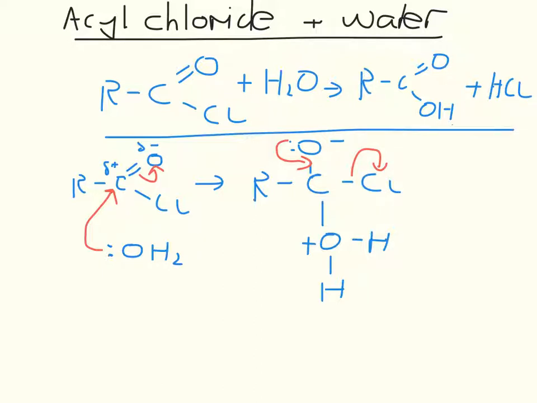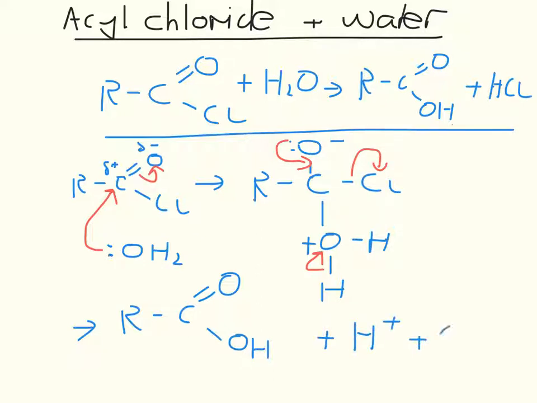You can also do the next step at the same time. One of these hydrogen atoms, well, the hydrogen ion, is going to leave as H+, and that bond's going to go to the oxygen. So what will that leave you with? Well, it will leave you with RC double bond O, OH plus H plus Cl minus, like so.